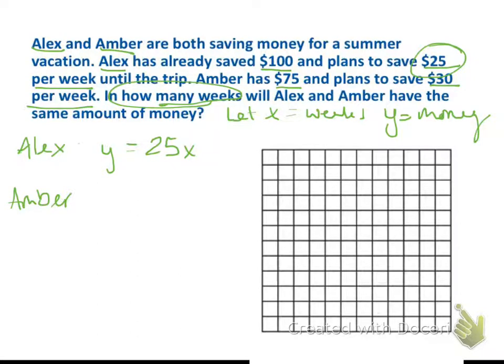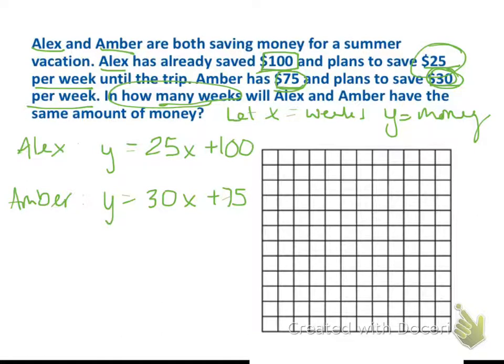Sounds a lot like slope. And he already has saved 100. That's his starting point. He started with 100 and is going to save $25 per week. With Amber, she is saving $30 per week. That's her slope. And she started with 75.